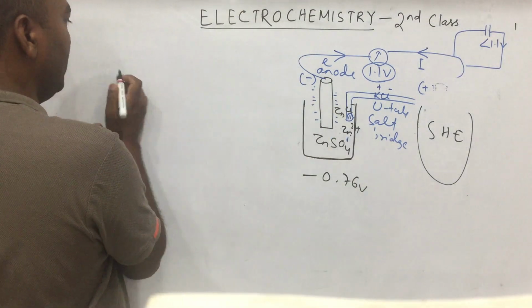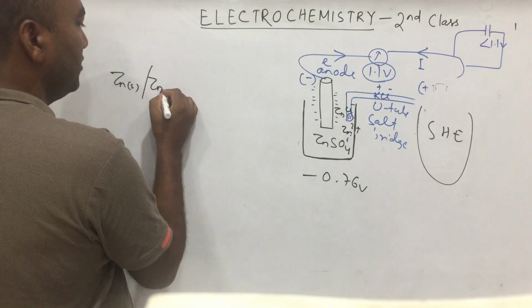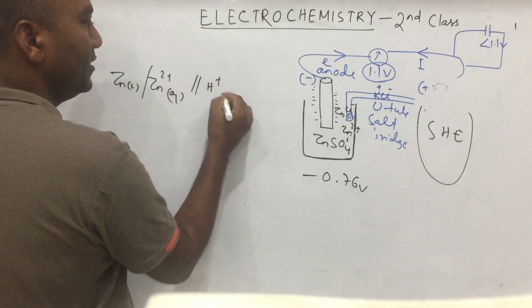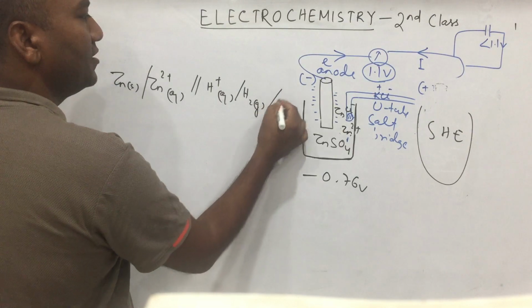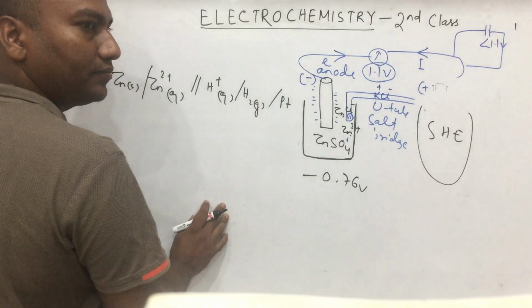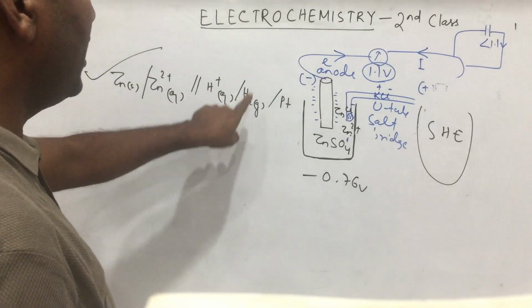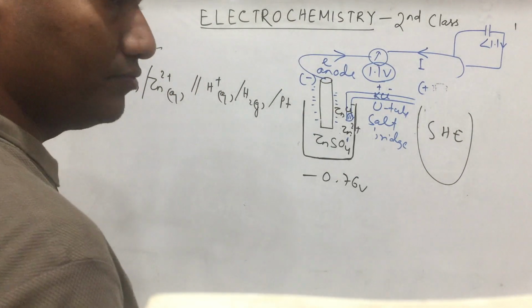In this case, the cell representation is: Zn solid slash Zn2 plus aqueous double slash H plus aqueous slash H2 gas slash Pt. So this is the representation when hydrogen electrode is used as cathode.